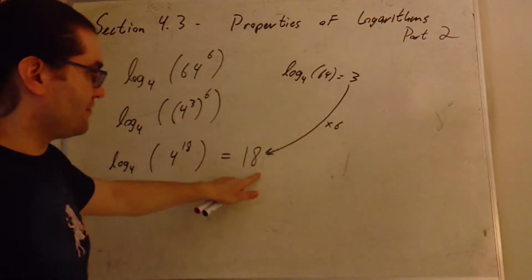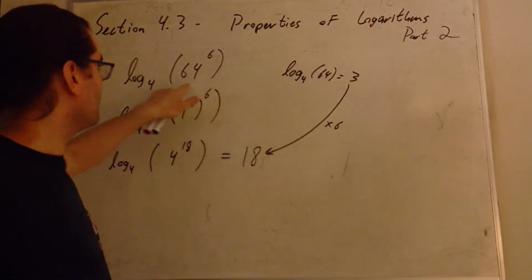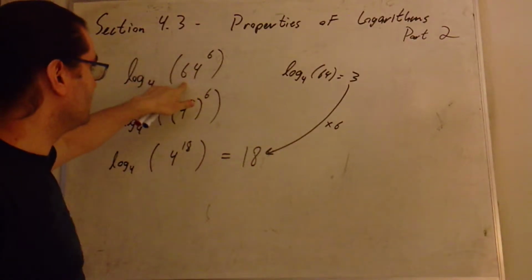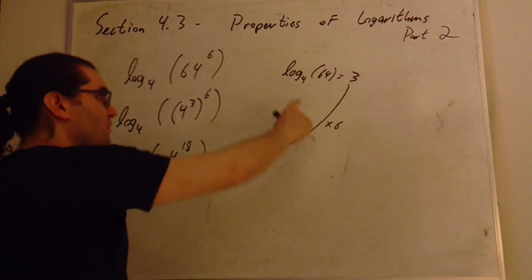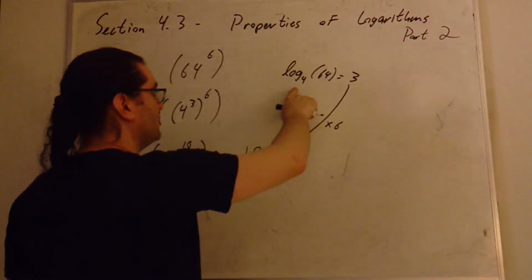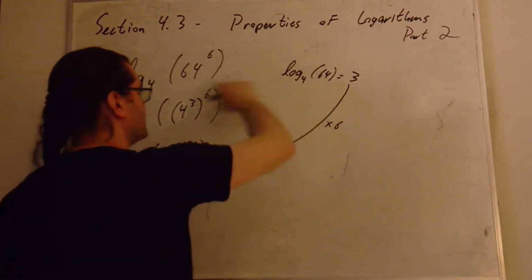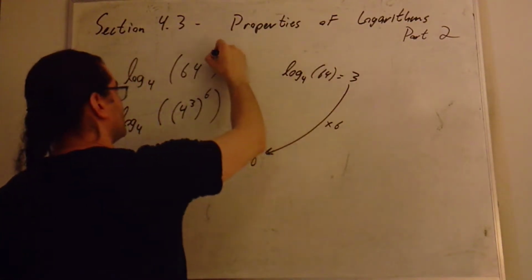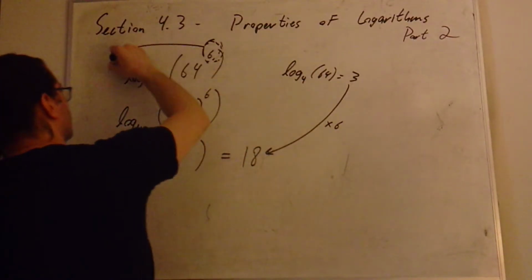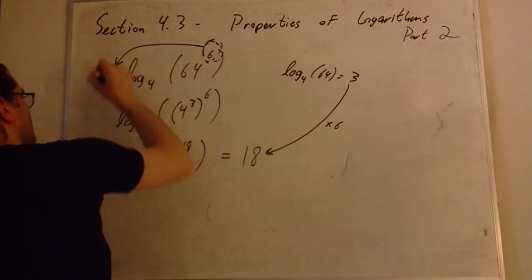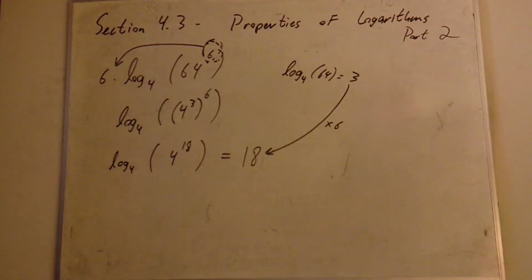Here I don't have that. Here I'm taking the business on the inside of that log and I'm splitting it into two pieces, but only one of them has a log. The 64 still has this log attached. The 6 from up top doesn't have a log attached anymore. It's just going to come down in front and be a coefficient.